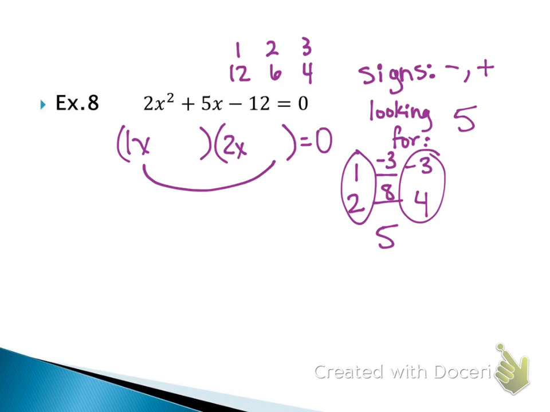So remember, the 1x connects to the back here, and we want it to connect to the minus 3. So the minus 3's got to go back there, which means the plus 4 goes in the first parentheses. So make sure we're careful about how we set those up. If you don't get this step right, you're not going to get your answers right. And that would kind of stink because you've done all the work right so far.